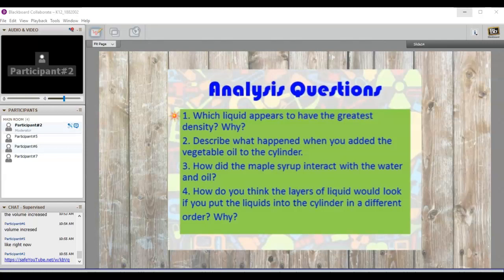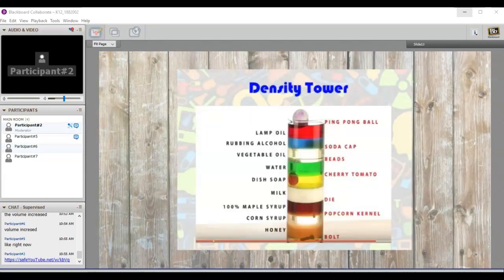So which liquid has the greatest density? Out of the three, we go back, out of the maple syrup, water, and oil. You're correct, the maple syrup. And so the next part of that question says why. So if you think about those three things, what would make you believe that the maple syrup, why would it go to the bottom?